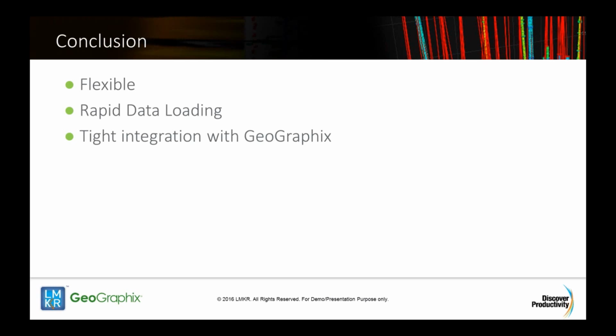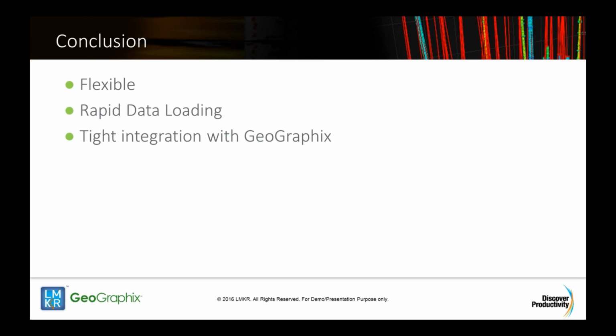But it does have tight integration with GeoGraphix. So if you do use GeoGraphix for your steering, it's only a couple of button clicks from the time that you drag in your LAS or your LWD, or you drag in that survey, to the time it's in GeoGraphix. And so it's very, very quick to geosteer, and you can do it anywhere.